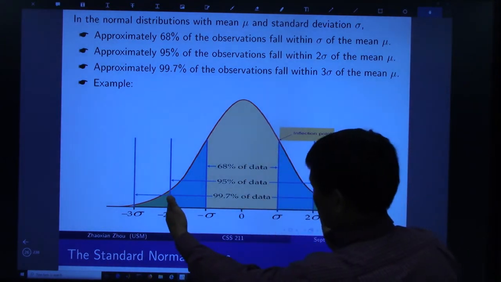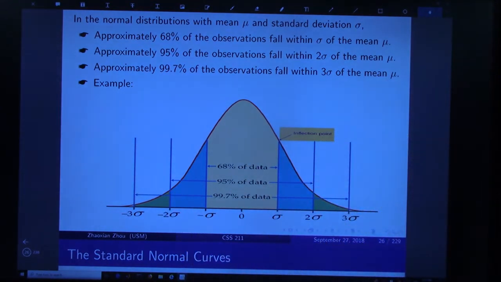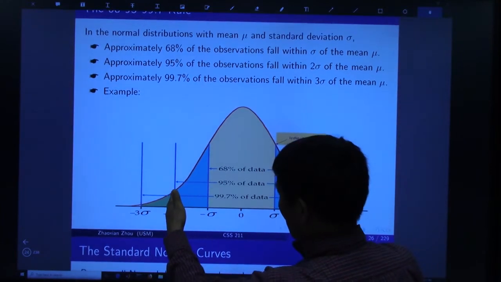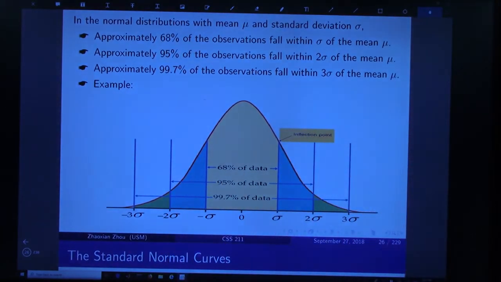All this area will be equal to 0.95. And we know from the meaning of the density curve that the total data lying within this range is 95% of the total.